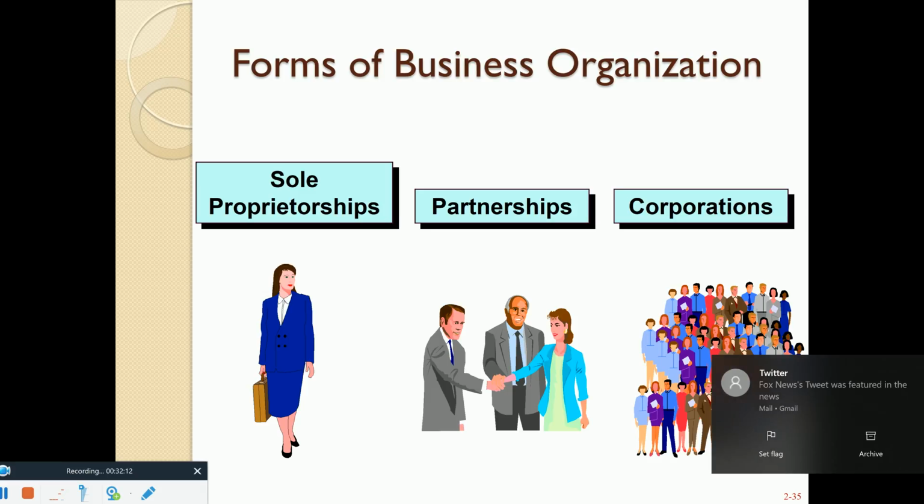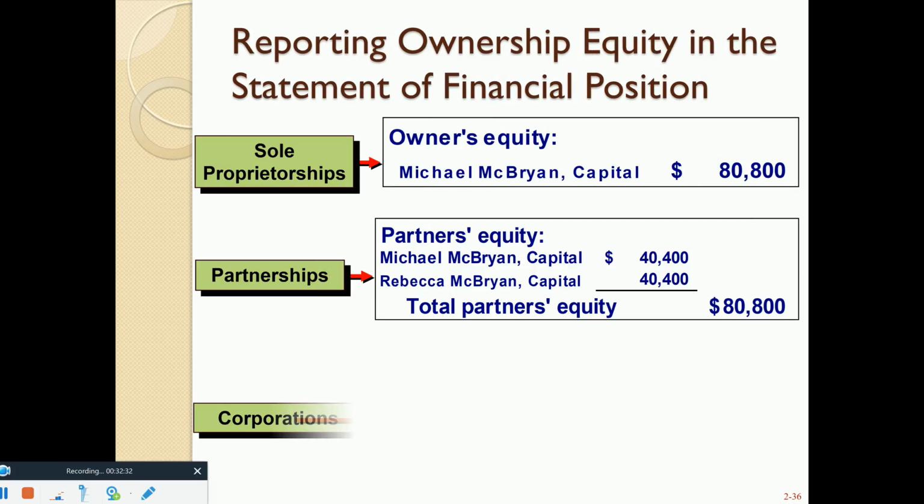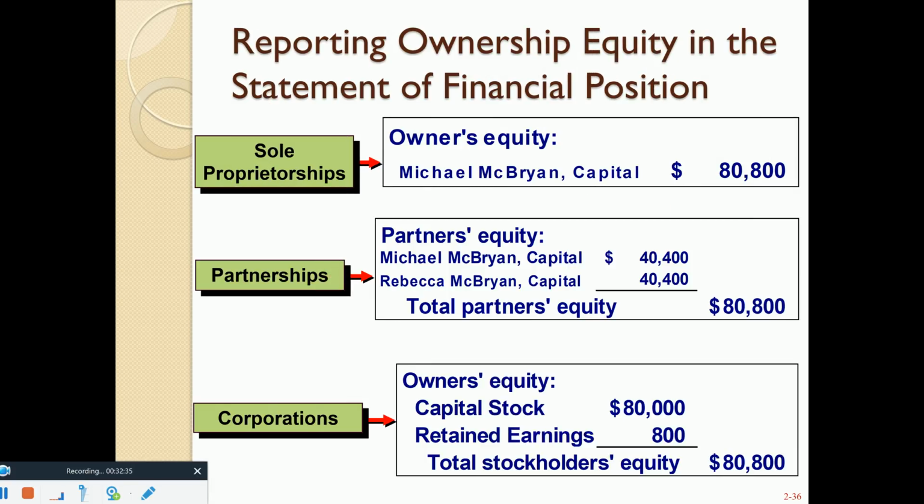All right. There are other forms of business. We've got sole proprietorships and we have partnerships. A sole proprietorship is usually when there's one owner. And a partnership is when a few individuals get together and run an organization. But like I said, we're going to concentrate on corporations in this class. This is how the equity section would look in the 3 forms of business.